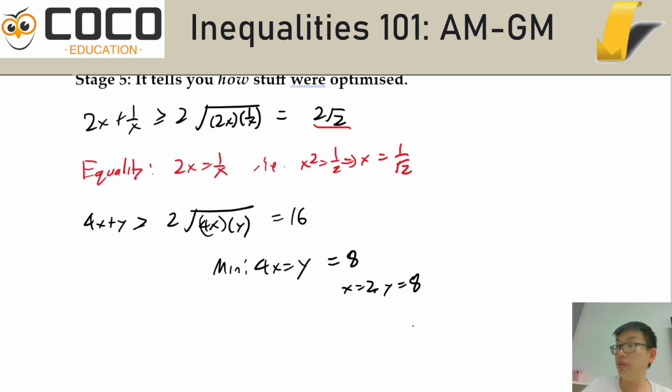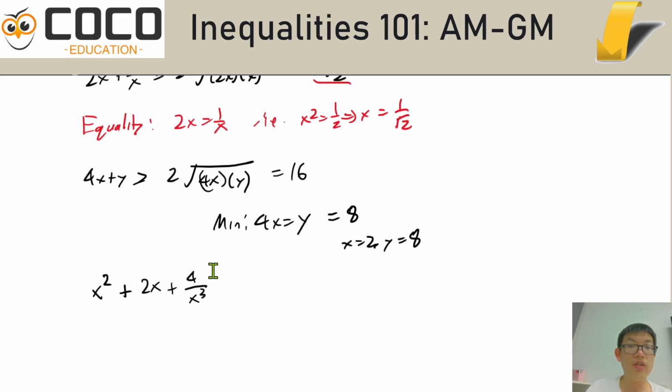Let's look at an example. Suppose that I have got x squared plus 2x plus 4 over x cubed. Now, what would you say is AM-GM's answer if I ask you what is the minimum value of this?